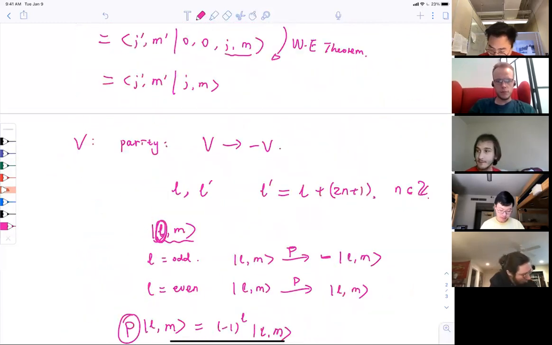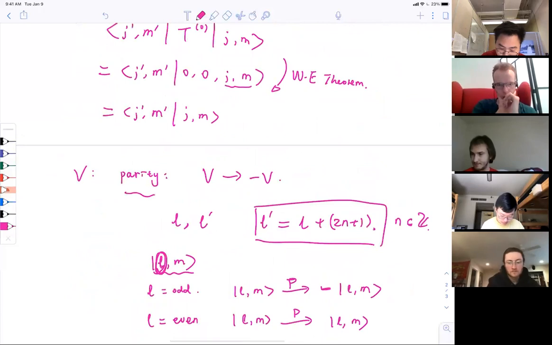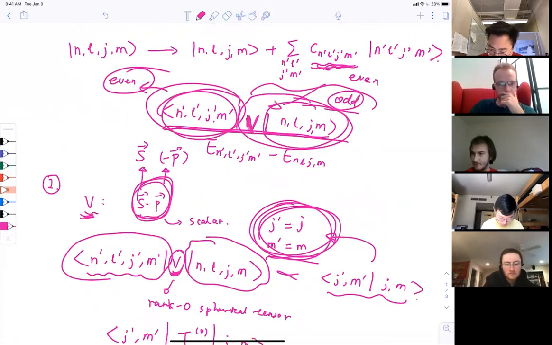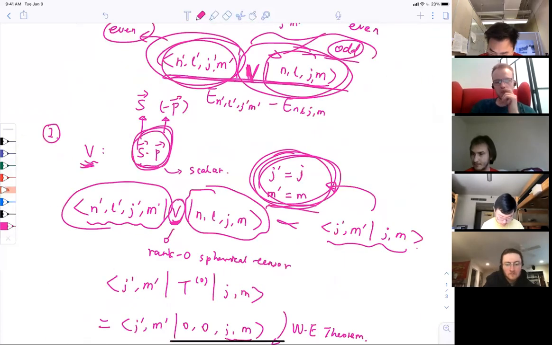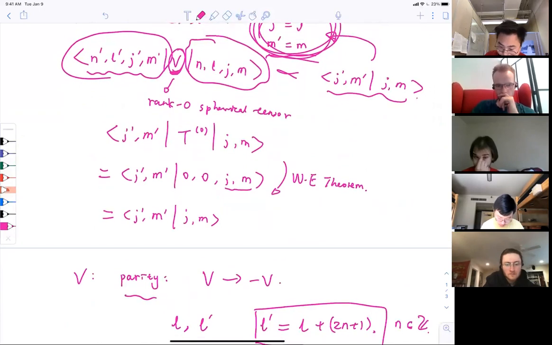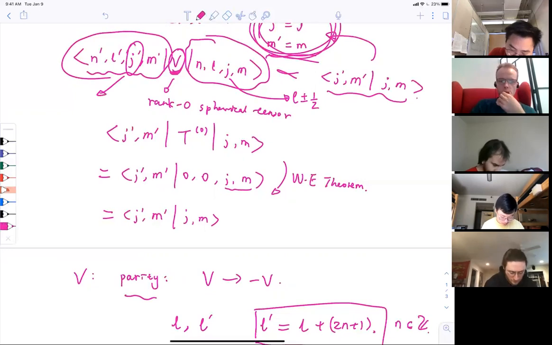Yeah, so basically this is a constraint we have due to this parity operation. But at the same time, we know that this J is L plus or minus 1/2, and this J prime is L prime plus or minus 1/2.